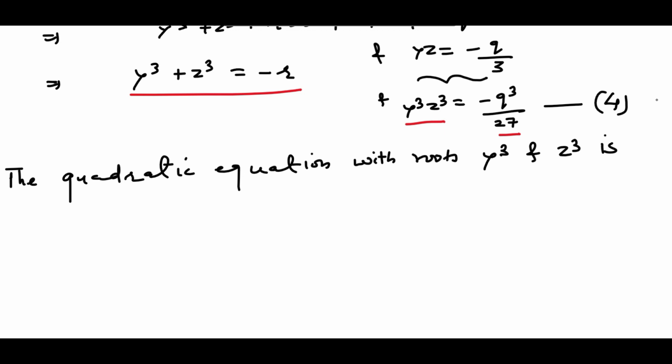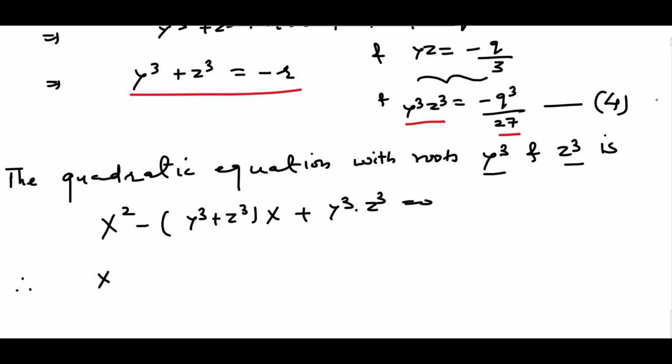If the roots are y cube and z cube, we can construct the quadratic equation, that is x square minus sum of roots, that is (y cube plus z cube) multiplied to x, plus y cube multiplied to z cube, the product of roots, is equal to 0. So here x square minus sum of roots, that is negative r, multiplied to x, plus y cube z cube, that is negative q to the power of 3 over 27, is equal to 0.